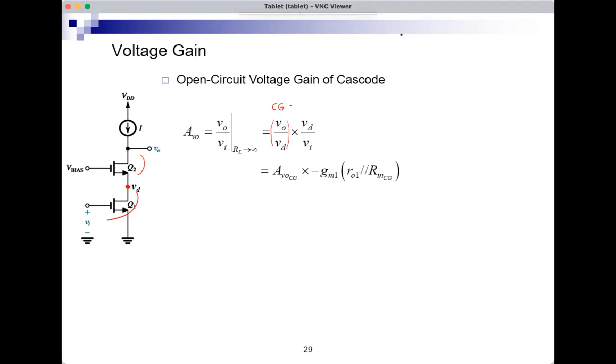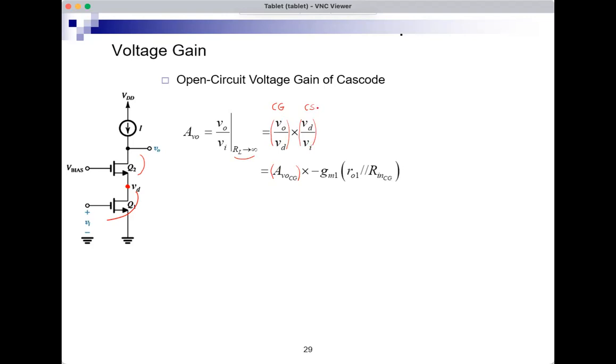This is Q2. VD over VI is the gain of the common source stage. Now, because RL is infinite, the common gate gain would be also AVO of the CG. So if I want to find the gain of the common gate, that's AVO. For the common source, the gain is VD over VI.